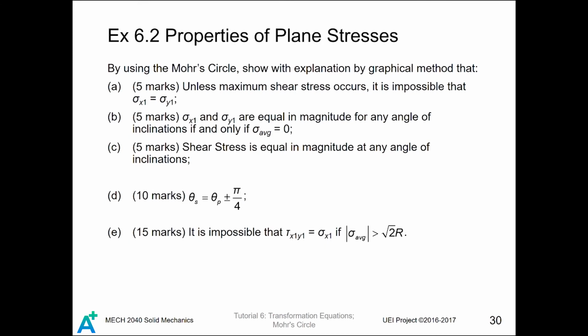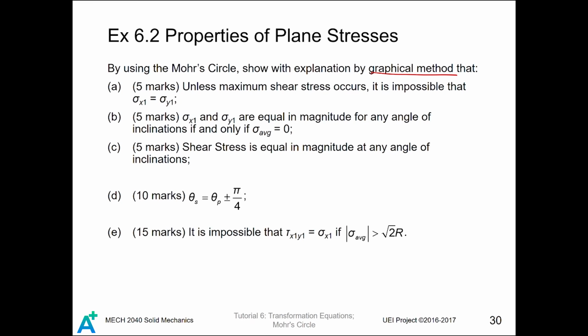Let's go through another more theoretical example to help you understand the Mohr circle even better. By using the Mohr circle, show with explanation by graphical method: that unless maximum shear stress occurs, it is impossible that sigma x1 equals sigma y1.